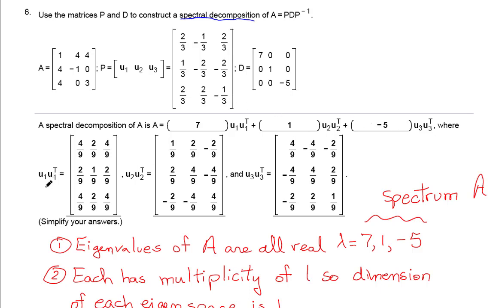To get these, you just take u1 times u1 transpose, and similarly all the way across. And so what we get is called the spectral decomposition of A.